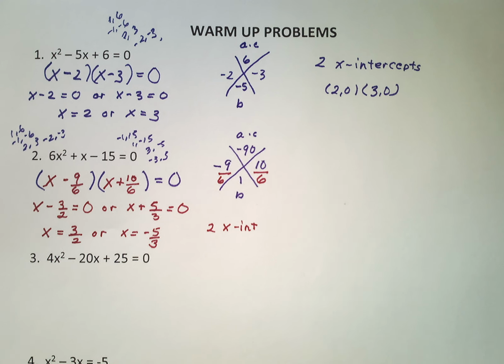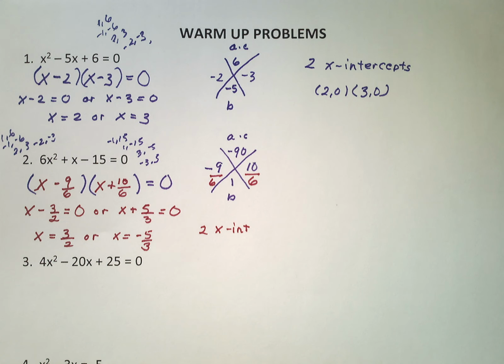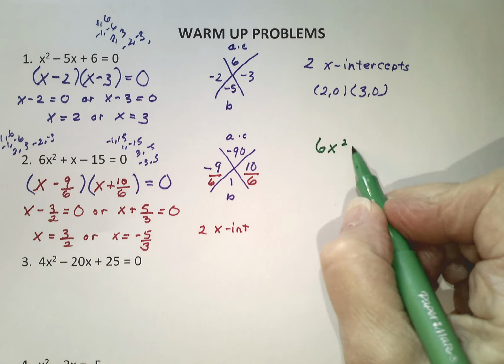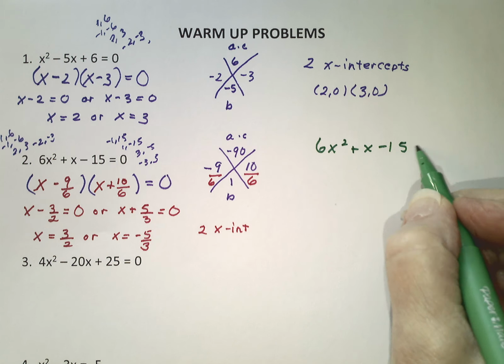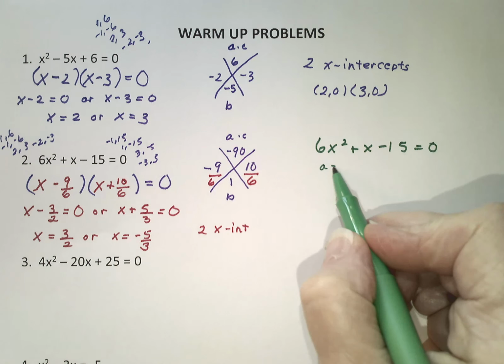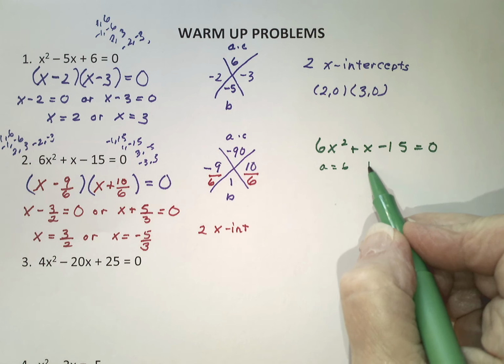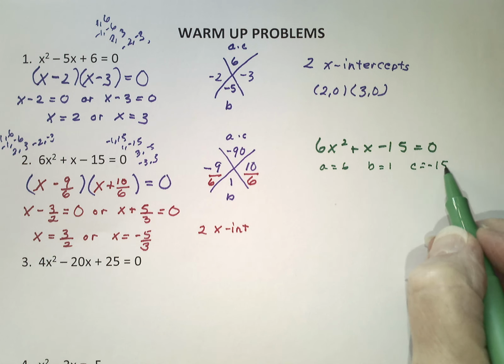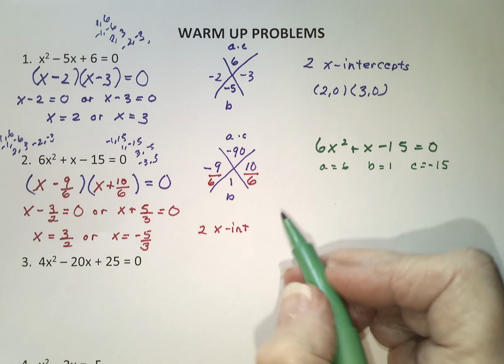Now these are a little messy, so maybe we should check them with the quadratic formula. Oh yes, let's check them. So if we're going to use the quadratic formula, a is 6, b is 1, c is -15.